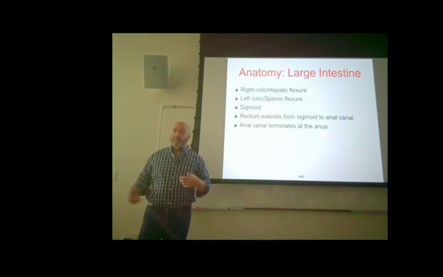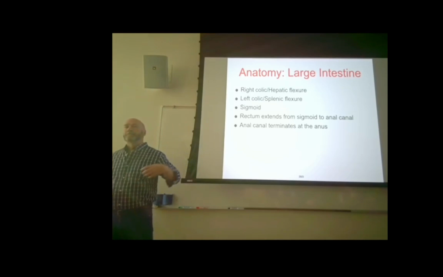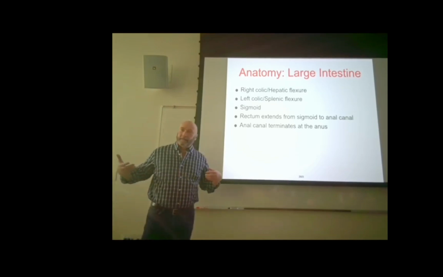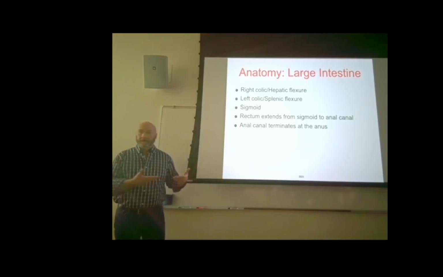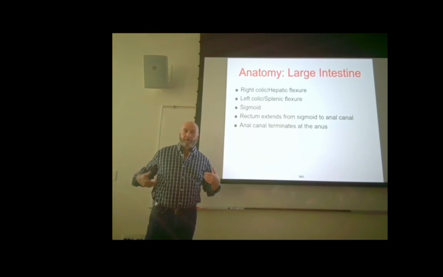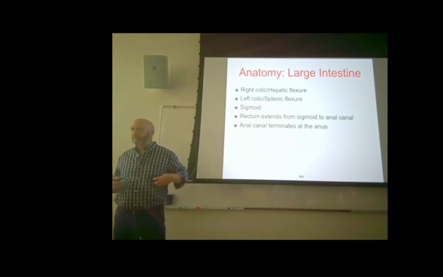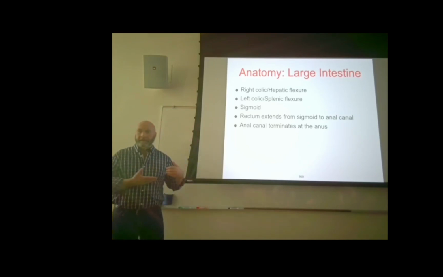If you have a right colic flexure, then naturally you're going to have a left colic flexure, exactly. And the portion that goes in between them, theoretically a horizontal line going across the patient's body, would be your transverse colon. So you have the ascending colon, right colic flexure, left colic flexure, and the transverse colon connecting them. Then you have the descending colon.